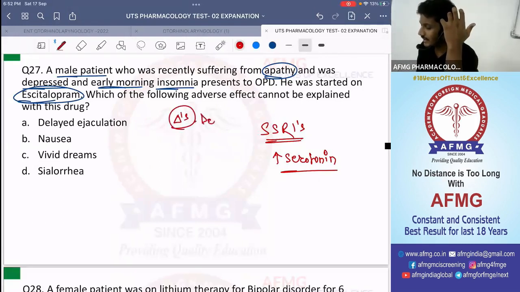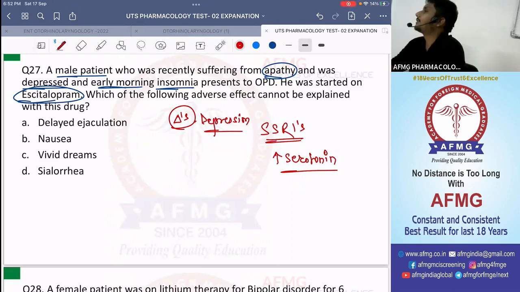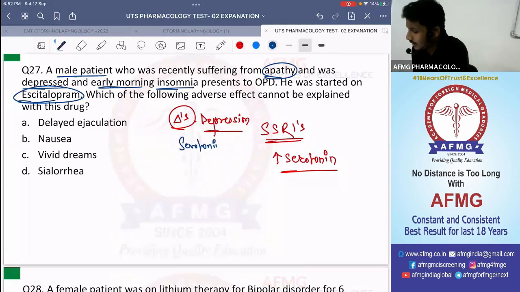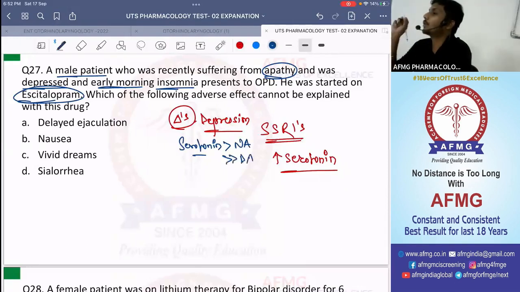The patient is having depression over here. That is the reason why it will help in overcoming depression. Remember, in cases of depression, in psychosis the most important monoamine that was responsible was dopamine, but for depression the most important monoamine that is responsible is serotonin, okay, followed by noradrenaline and followed by dopamine, okay.